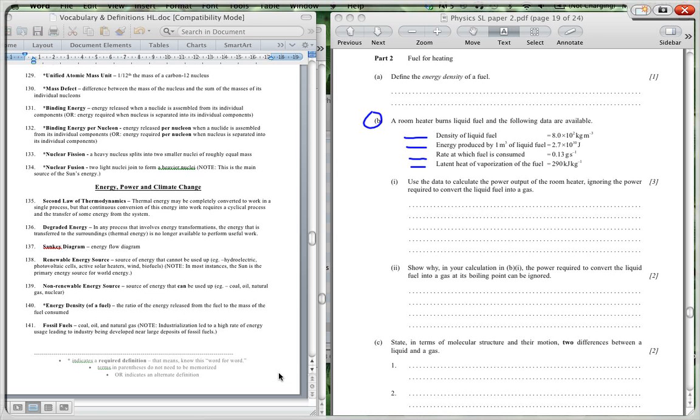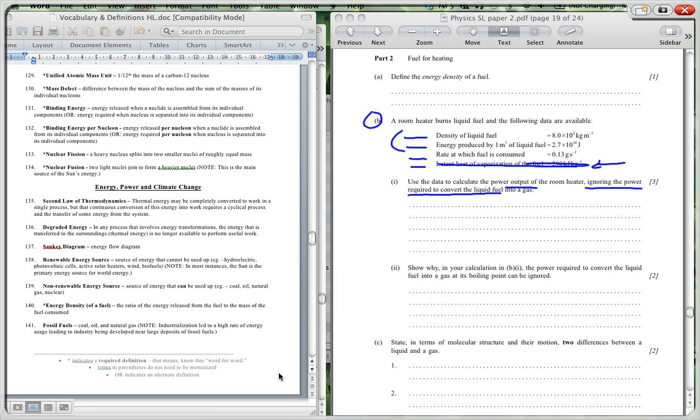Then it says use the data to calculate the power output of the room heater, ignoring the power required to convert the liquid fuel into a gas. So in doing this, we need to look at these values over here: the density of the liquid fuel, the energy produced, and also the rate at which the fuel is consumed. We don't need to worry about the latent heat because we can ignore the power required to convert the liquid fuel into gas.